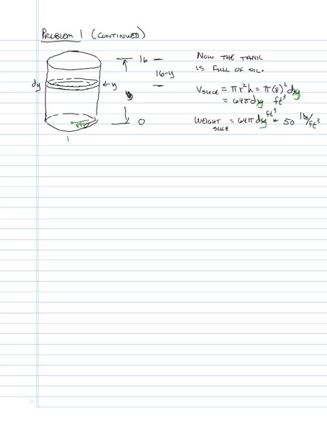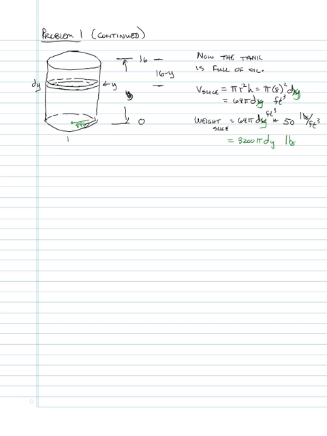And so we have the volume, which is 64 pi dy cubic feet, but the oil itself weighs 50 pounds per cubic foot, so the weight is 64 pi dy times 50 pounds, and that's 3,200 pi dy pounds. That's the weight of that slice.